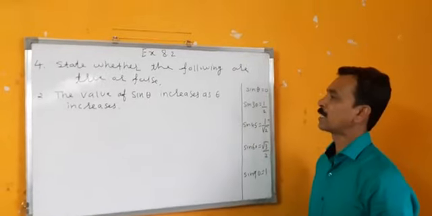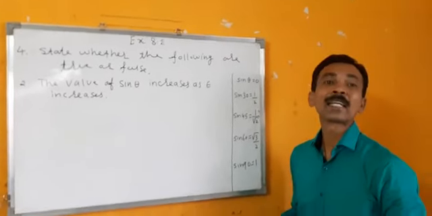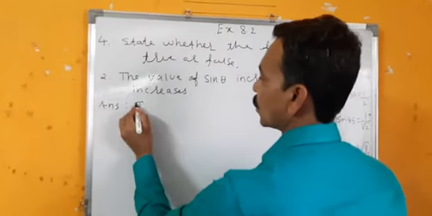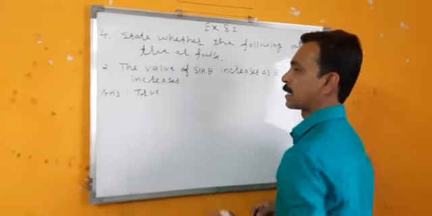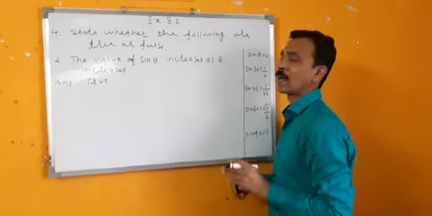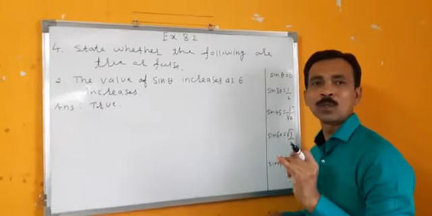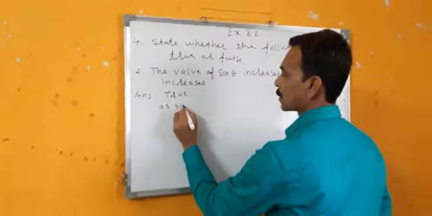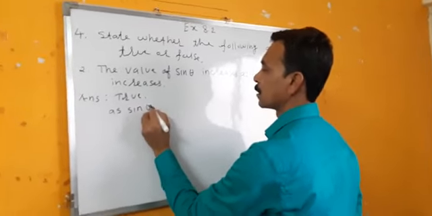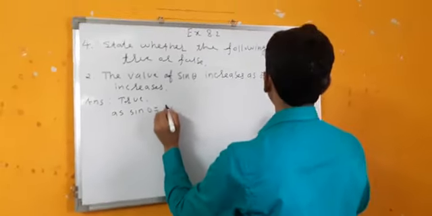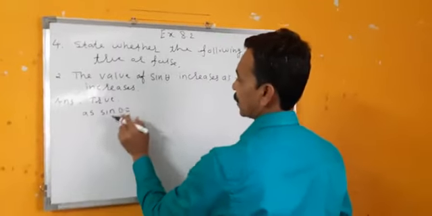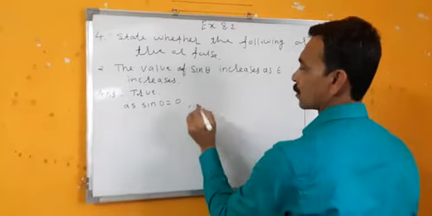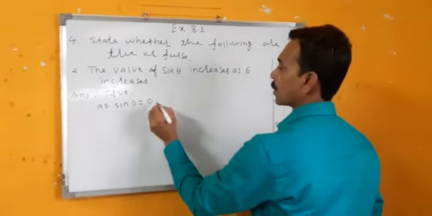Second, the value of sin theta increases as theta increases. Answer is true. Let's see how true. We'll take all the values of sine from 0 to 90. Sine 0 is equal to 0 only.